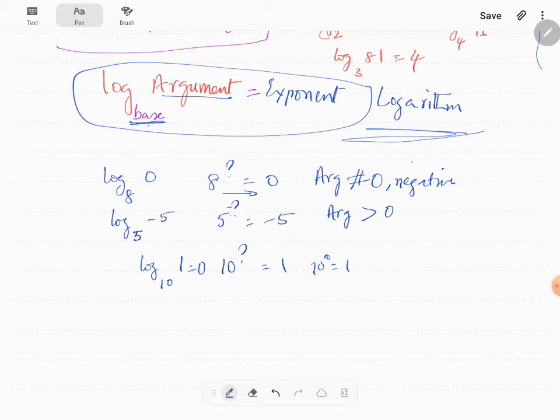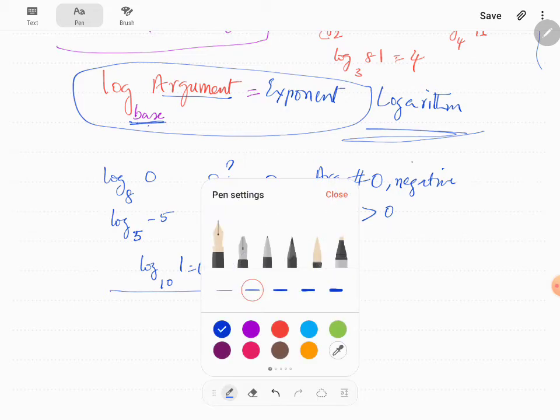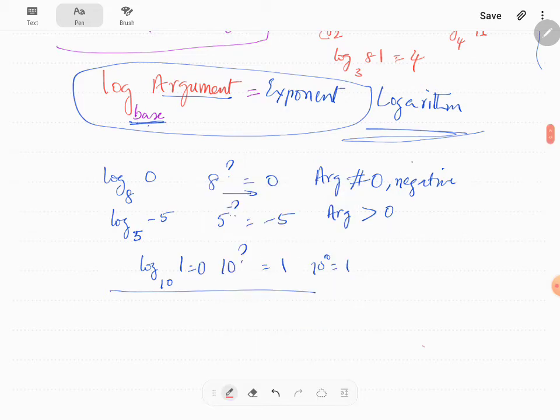All right. So we'll move on to the base. What values can the base take or not take? We'll start with 0. Let's say log 10 to the base 0. It's like asking 0 to the power of what is 10? 0 to the power of anything is 0. It cannot be another positive number.